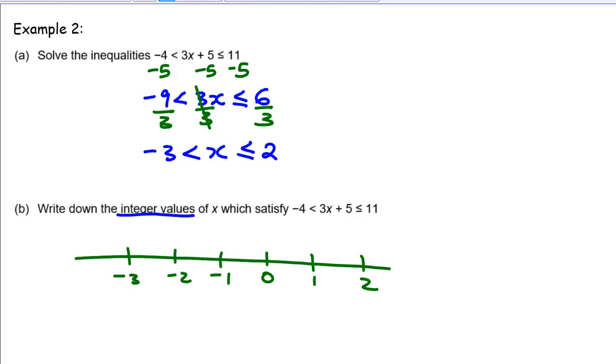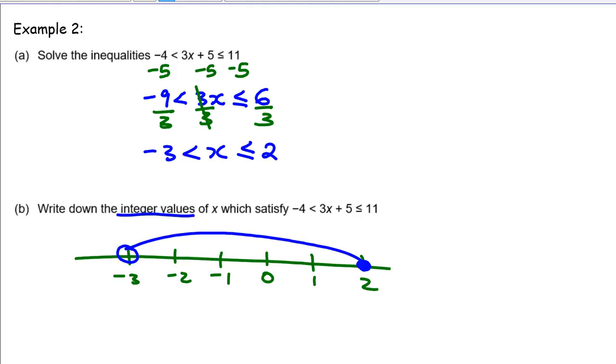And basically, remember, -3 is not inclusive, right? So what you're going to do is you just draw an empty circle, and here you'll have a fully shaded circle because 2 is inclusive. So all values between these two, including 2, are members of x.